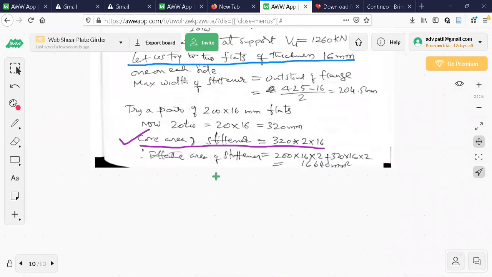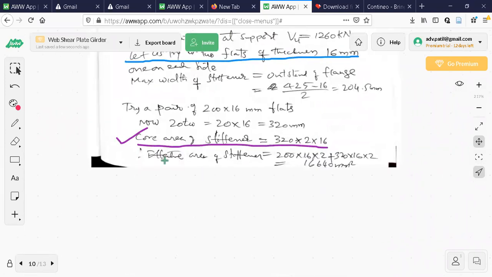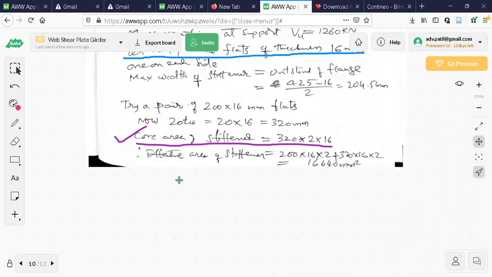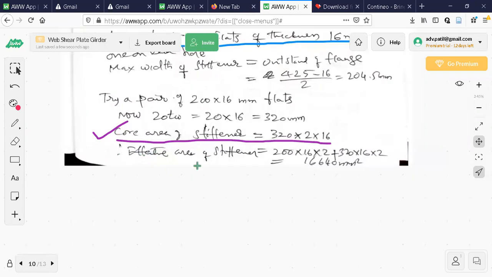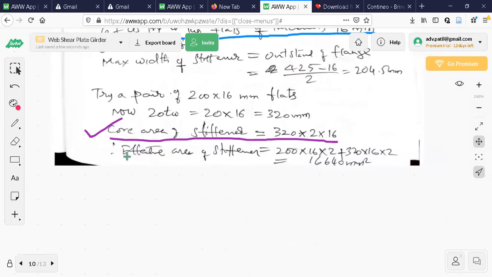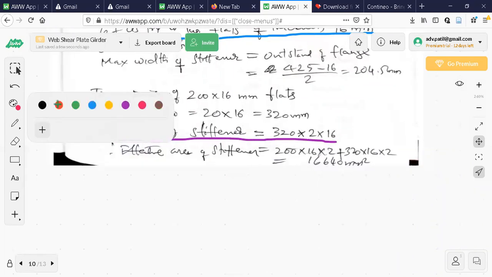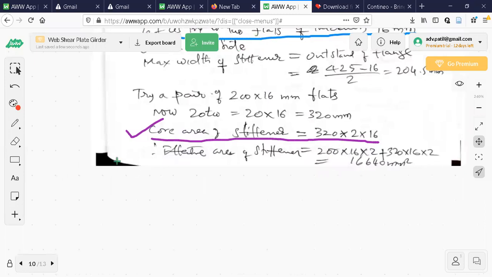Effective area, sorry, effective area means you have to include the area of the stiffener also. Now the area of the stiffener is, see this one here. Finally, I am having an effective area which is going to resist. See, this is final.